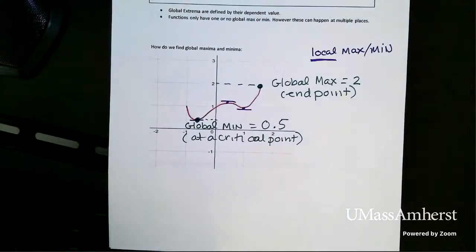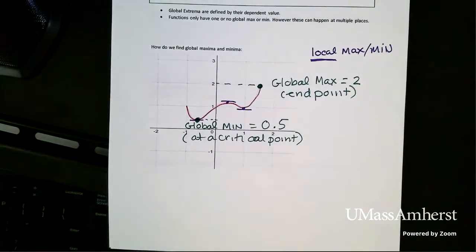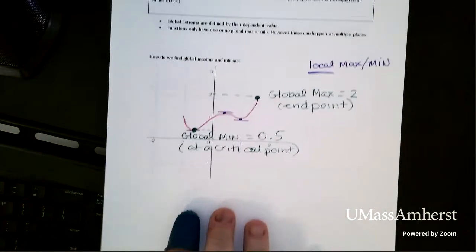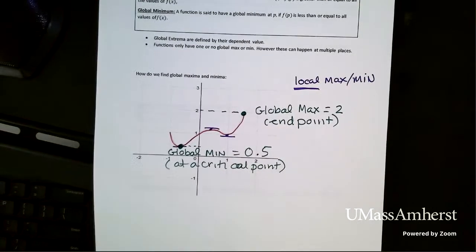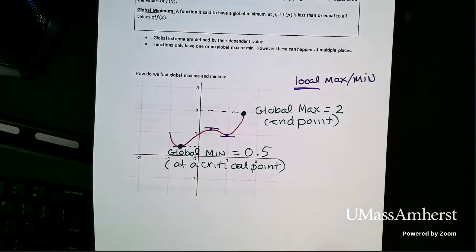Okay, that's not a coincidence. It turns out that our global values, if they exist, will always happen at either an end point or a critical point. Now, 2 other things that are true. Global extrema, which are global max and mins, are defined by their dependent value.